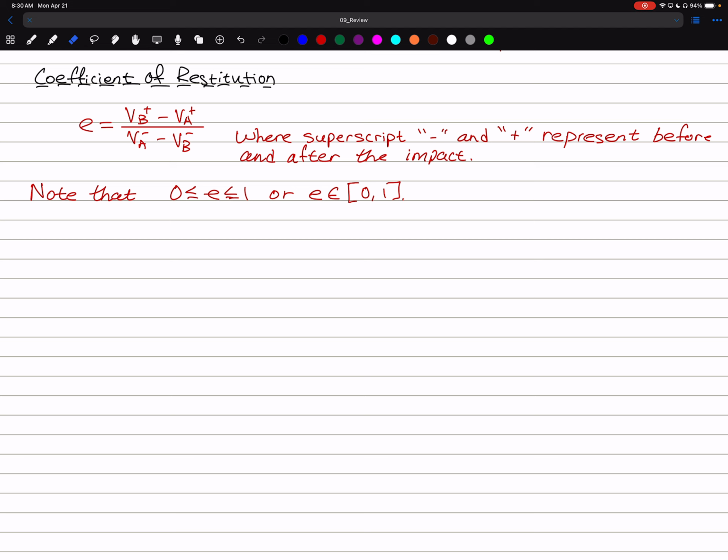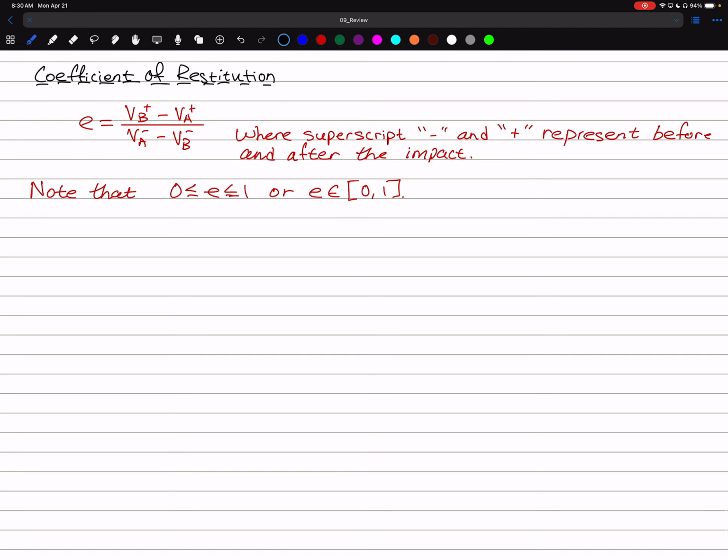Or you would have an apparent e greater than 1. We're going to look at our 3 different cases. For case 1, we have that e is equal to 0. This is our perfectly plastic case.